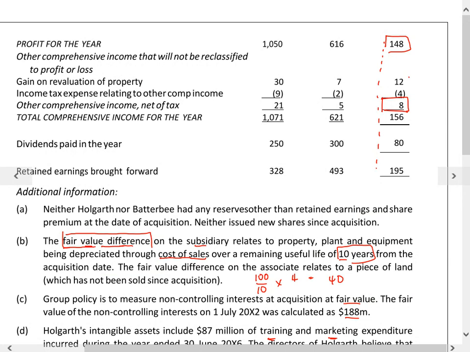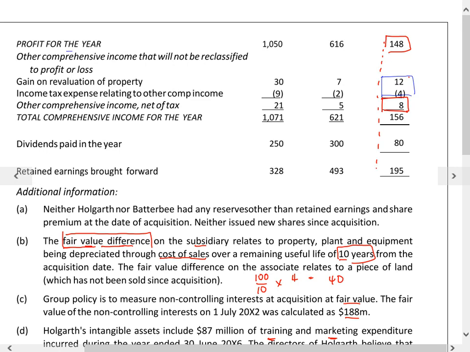Here, this is profit after tax. In my associate, I do have other comprehensive income of 12 minus 4, 8. Me as an owning company, I own 25%. So should I share 25%?